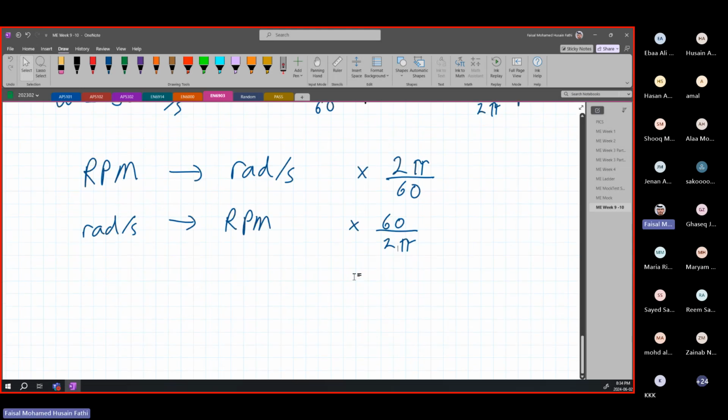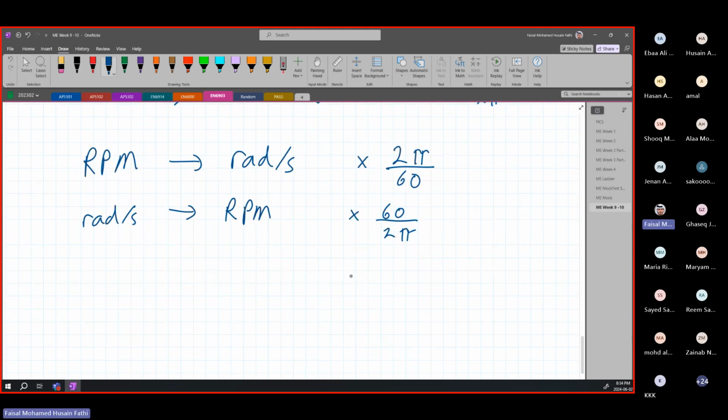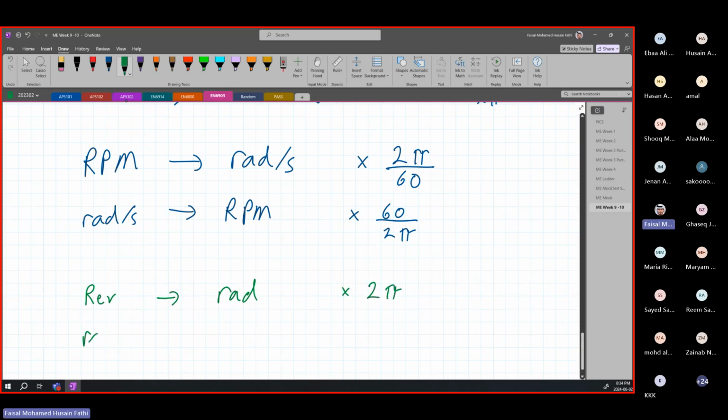Last point: if we want to go from revolutions to radians, we're just going to multiply by 2 pi. And if we want to go from radians to revolutions, we are going to divide by 2 pi.